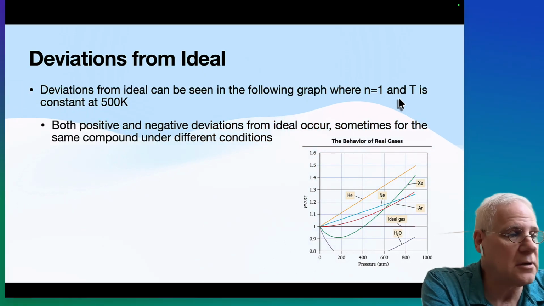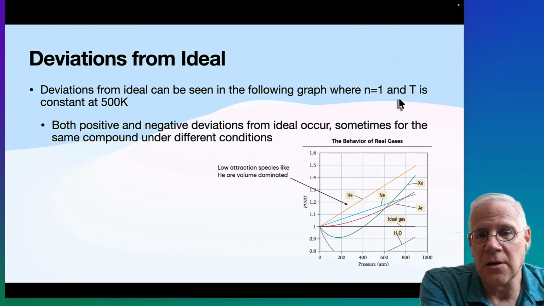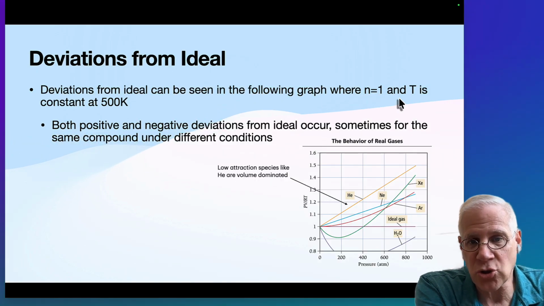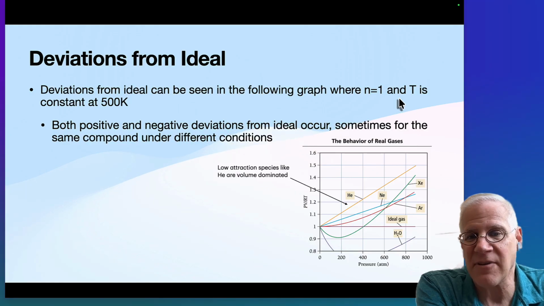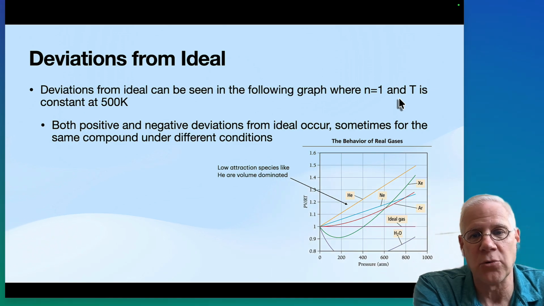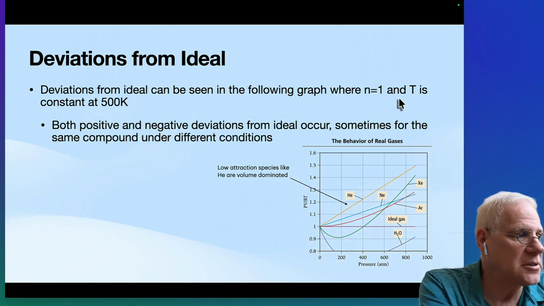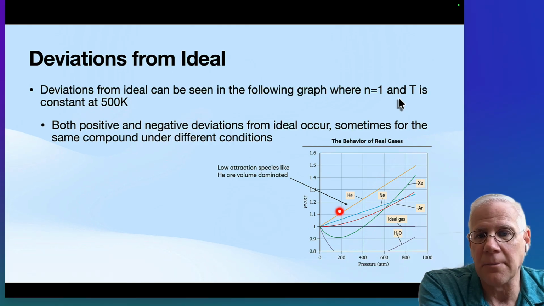And so here we see some of our real gases. If we look at something like helium, which is a very low attraction species, so that a value doesn't really do much, something like helium would be volume dominated. The volume has a much larger impact than something with just 2 electrons. And so we get nothing but positive deviation here.